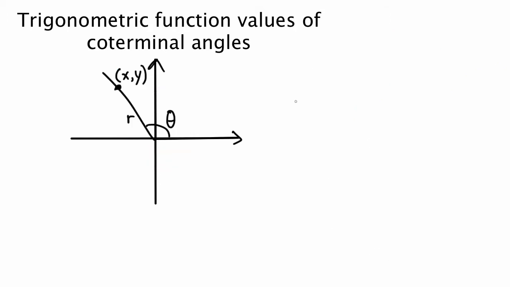Okay, now I want to talk about trig values of coterminal angles. Let's review the definitions of sine, cosine, and tangent. When you draw an angle theta, it could be any angle. Let's suppose theta looks like this. You just pick a point on the terminal side of the angle and measure the distance between the origin and the point, and we call it r.